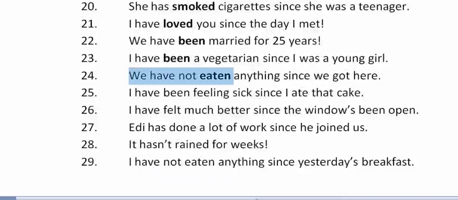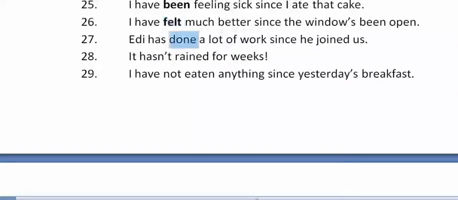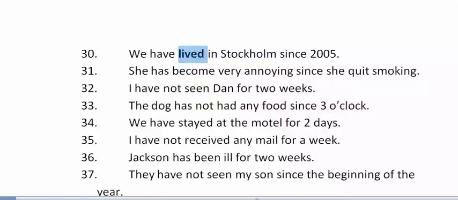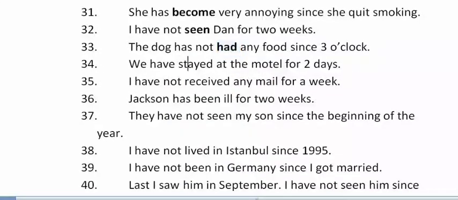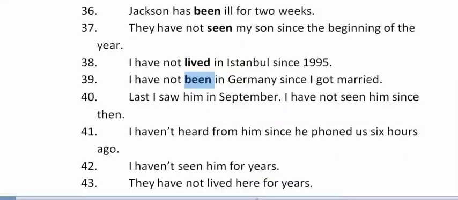Again, in a sentence with negation, not is introduced between have and V3. Been, felt, done, rained, eaten, lived, she has become, seen, had, stayed, received, been, seen, lived, been.